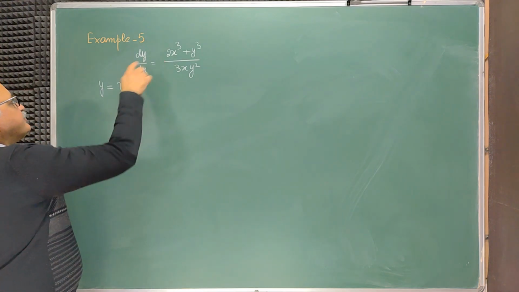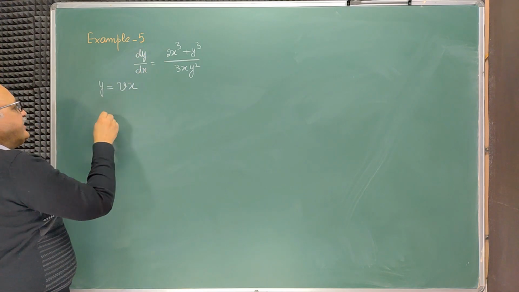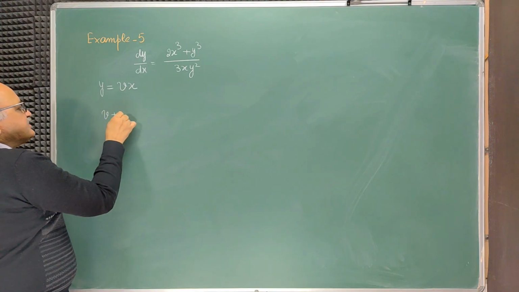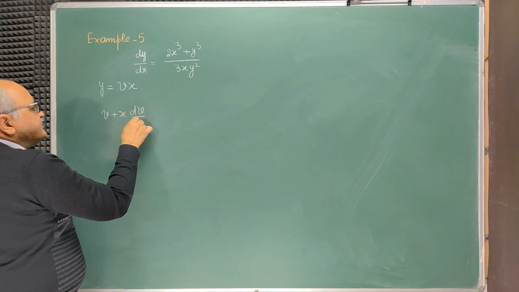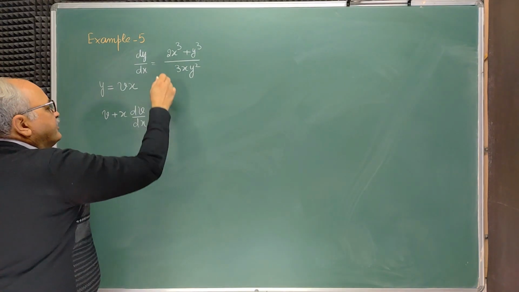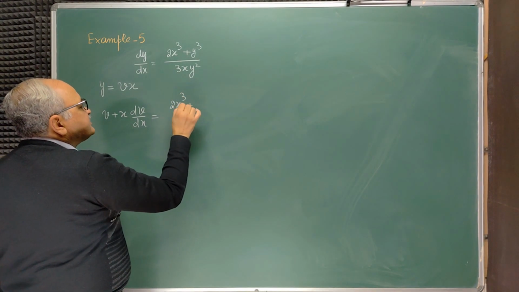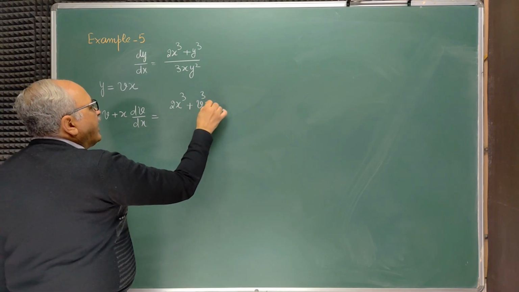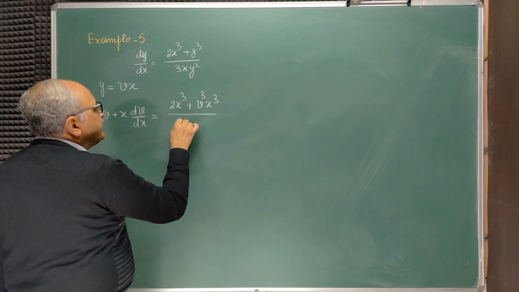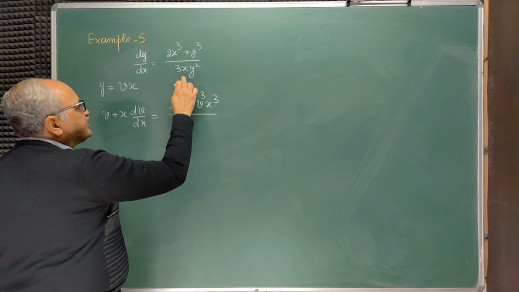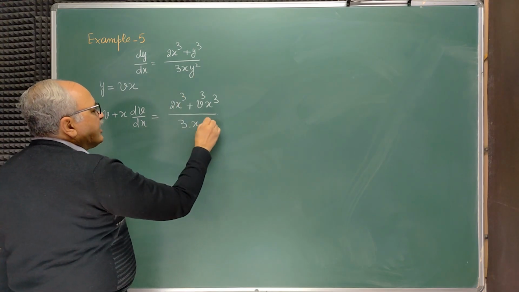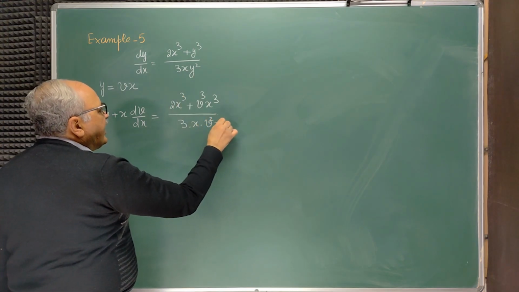So if we put this substitution here, for dy by dx we get v plus x dv by dx, and here we get 2x cube plus v cube x cube divided by 3x, and y square now becomes v square x square.